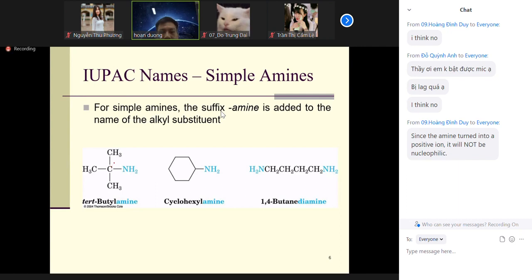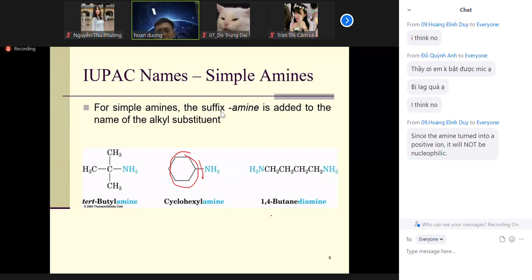tertiary, right? And now we have cyclohexyl, so we put the amine in, and now that compound has two kinds of amine, so that's why they write it like this. But now it may be something different.